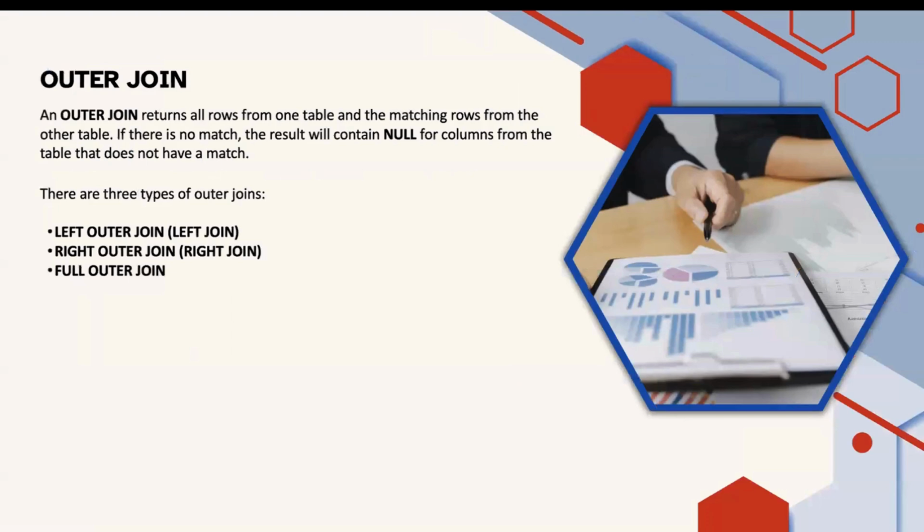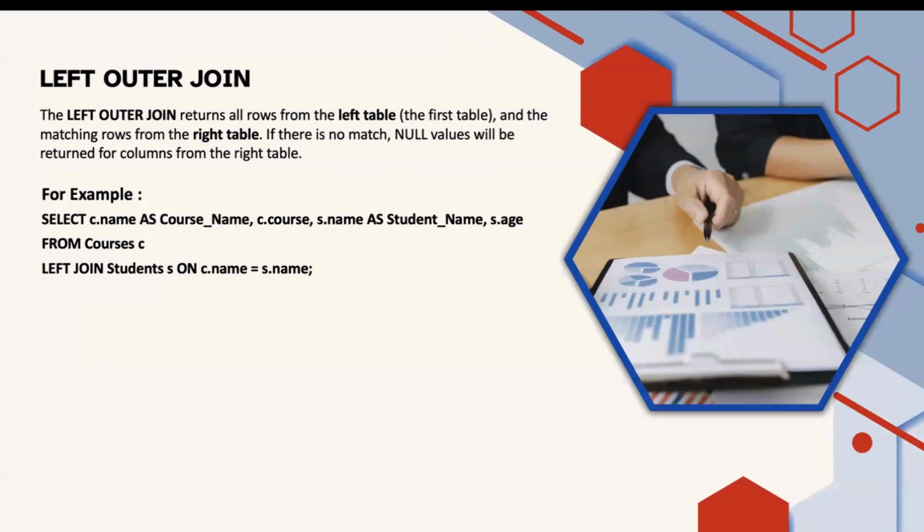There are three types of outer joins: left outer join, right outer join, and full outer join. The left outer join returns all rows from the left table, and the matching records from the right table.